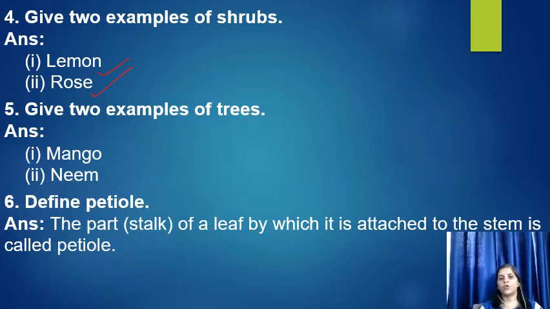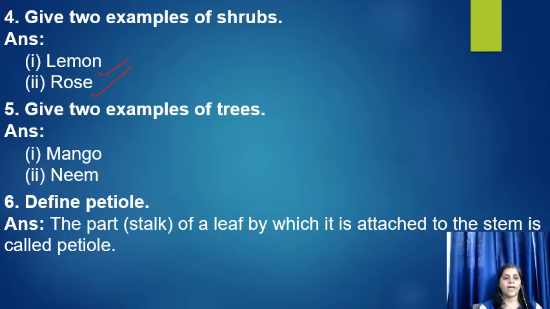Which plants do we categorize in the category of shrubs? The plants which are not tall, that means they are medium sized plants. The stem is hard but not very thick, and all the branches of the plant arise from the base of the stem.